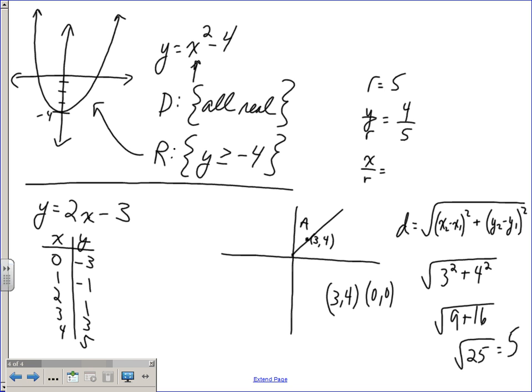You following this, Zach? The x value is 3. The r value is 5. Then they want you to find y over x. 4 over 3. That's all you have to do. And this is for problem 36, 37, 38, 39. They just give you different numbers that you got to play around with.